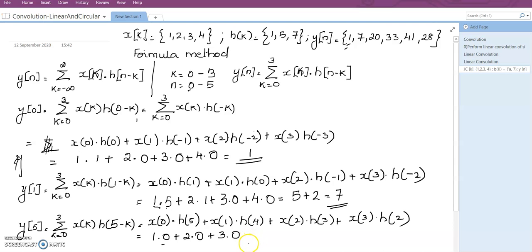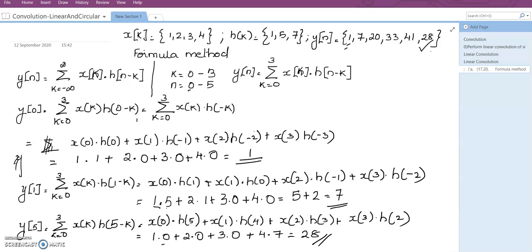H of n lasts only from h of 0 to h of 2. So then the last comes value at 4 dot, which means x of 3 is 4, and h of 2 is 7, which means it will be 28. And see, we have got that answer over here. So this is how we solve this particular technique using the formula method.